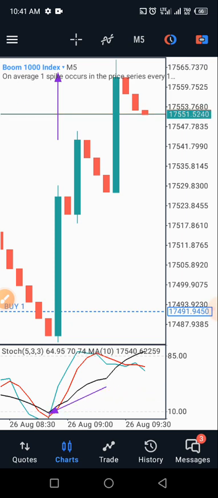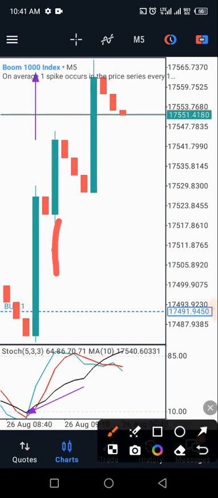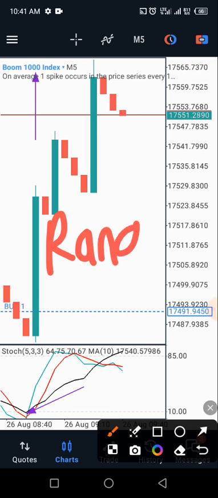On the 4 hour time frame, we are going to look for our ranging markets. We are going to look for a ranging market, or a market that is moving in between support and resistance.